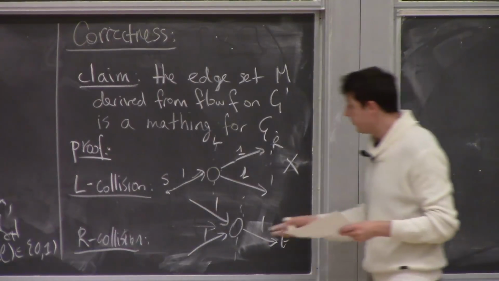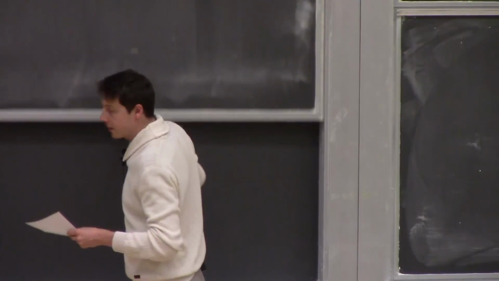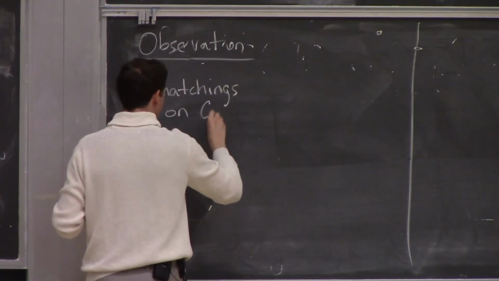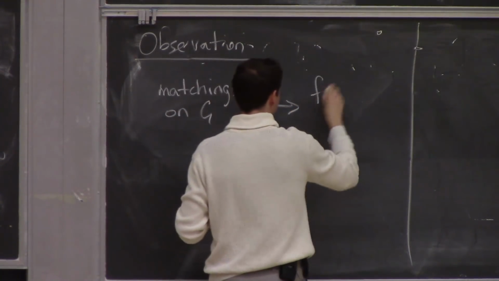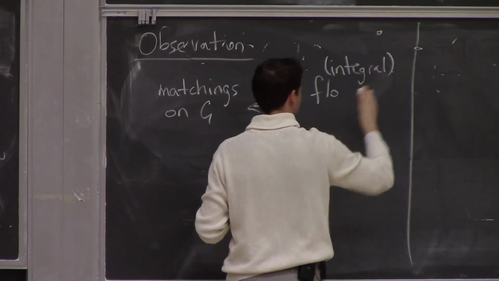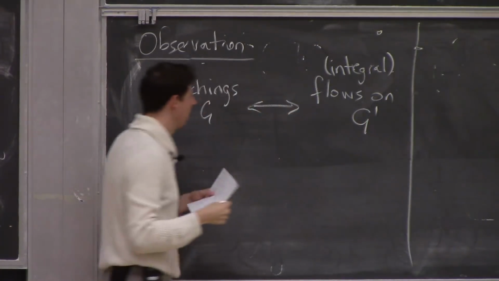So again, talking about correctness of the algorithm, what we learn is an observation that we have a sort of correspondence: matchings on G are in correspondence with integral flows on G prime. Do you agree with this?